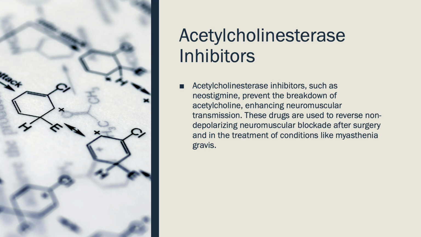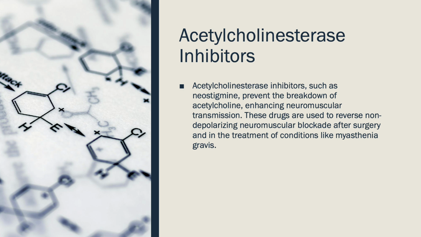By increasing acetylcholine levels, acetylcholinesterase inhibitors compete with the effect of our non-depolarizing agents, and this promotes the reactivation at the neuromuscular junction. But you have some clinical conditions, take myasthenia gravis for example, where there's a reduction in functional acetylcholine receptors. So those inhibitors improve muscle function by increasing the amount of acetylcholine available to activate the remaining receptors.